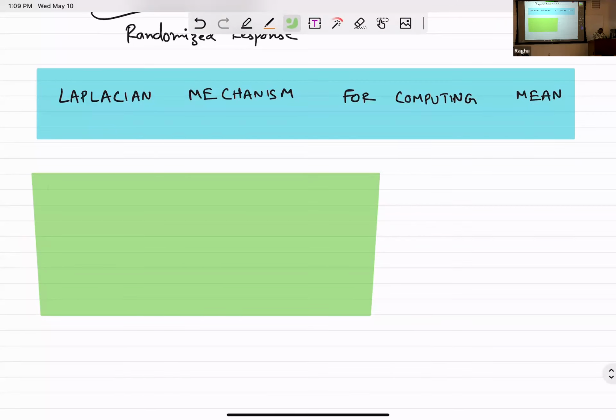Once again, remember what's the input? The input is a bunch of values which are all in 0, 1, and you want to release the mean.